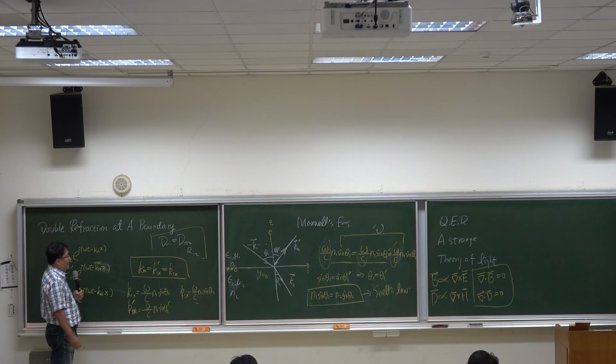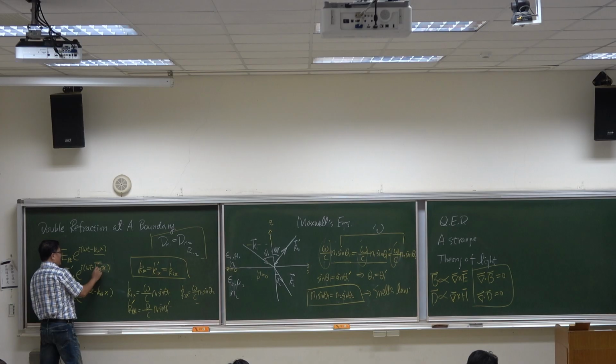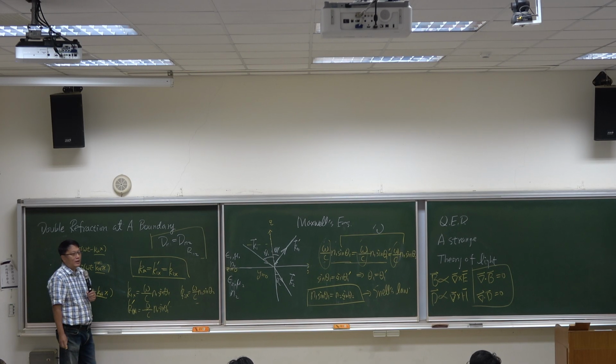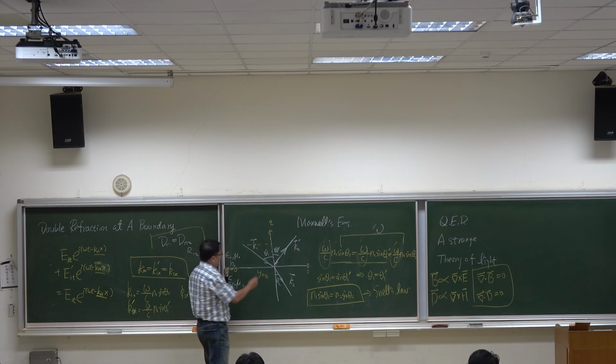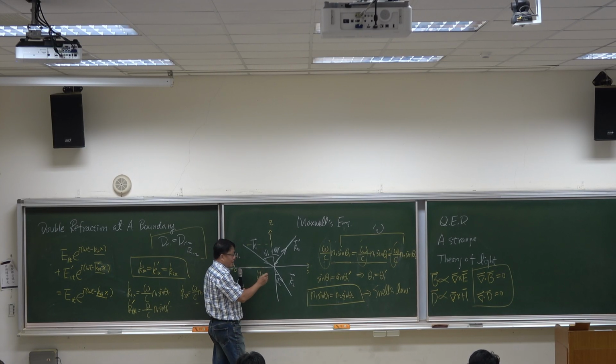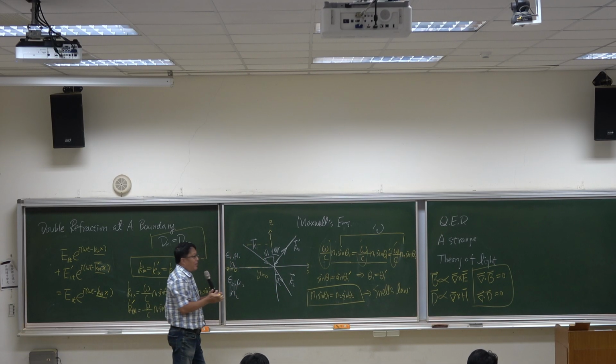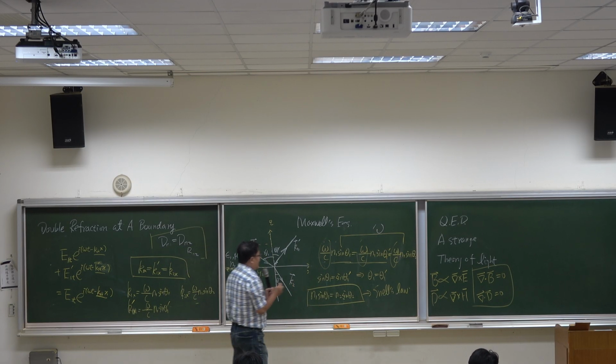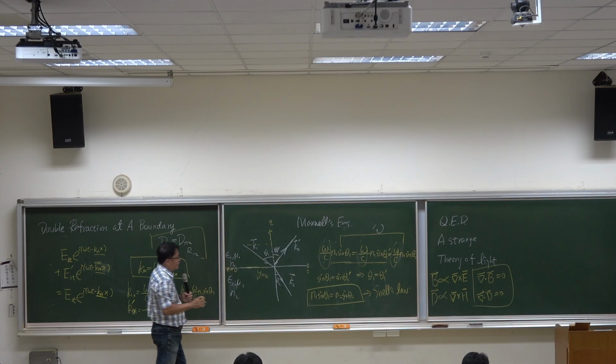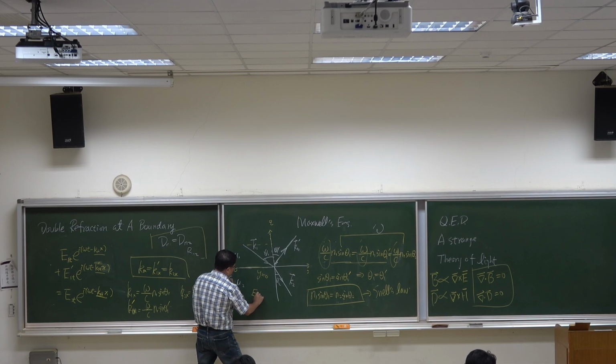Snell's law, in fact, means the phase connection condition. The phase across this interface must be the same. On this side and on this side, the wave has the same phase, to promise that the wave can be connected according to the condition.